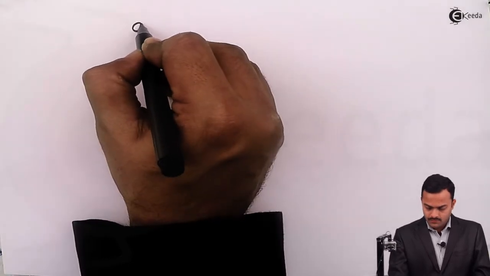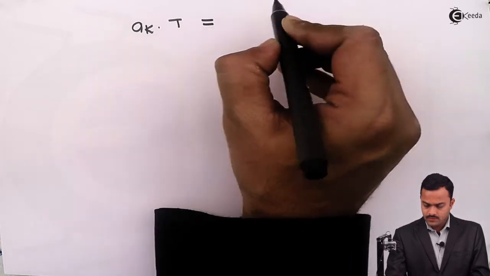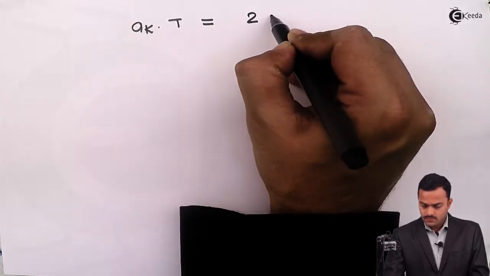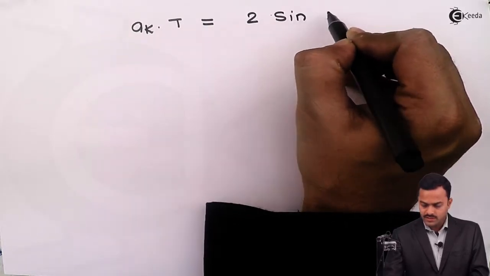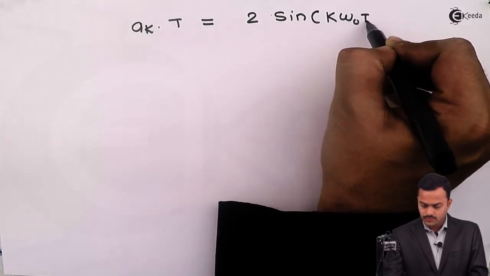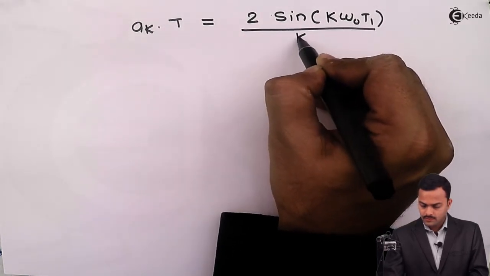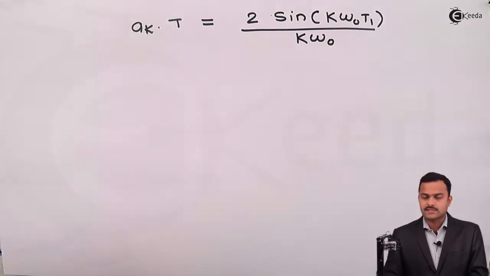So a_k times T equals 2 sine(k omega 0 T1) upon k omega 0.